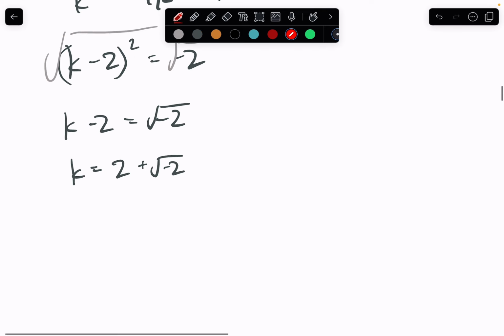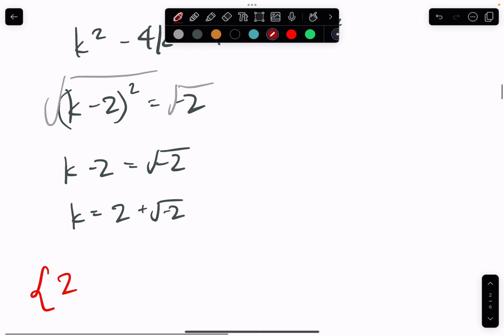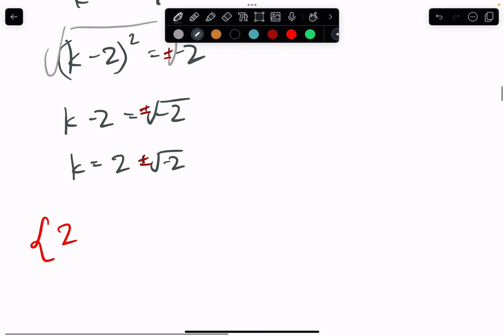According to the answer key, the answer is 2. By the way, where is the plus minus? 2 plus i square root of 2, 2 minus i square root of 2.